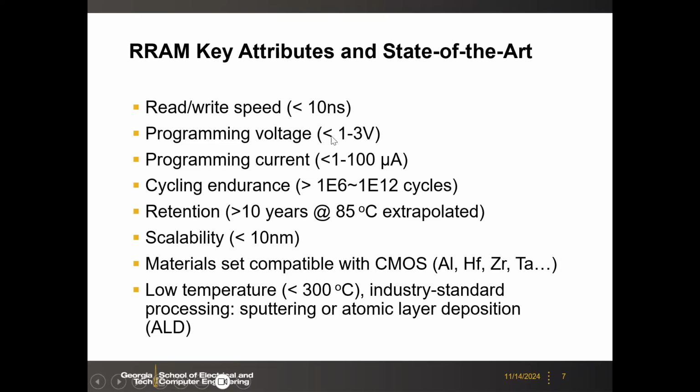That means not necessarily all those numbers will show up in one device. This is a general range. So there will be some trade-offs. For some devices, maybe the endurance is good, but the retention is not that good. So there will be trade-offs depending on the materials.